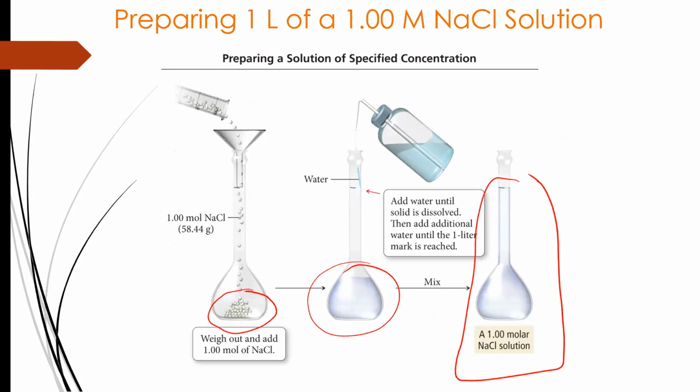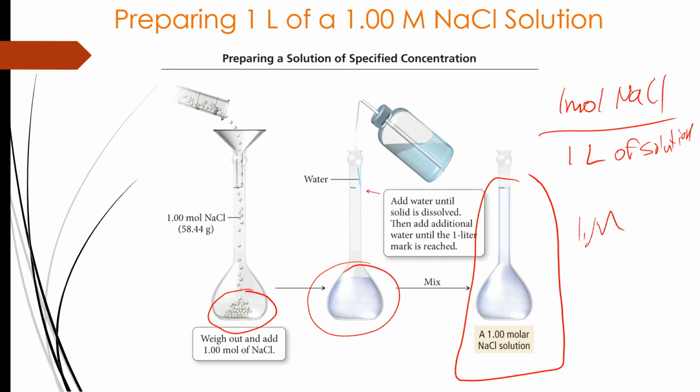So we would have 1 mole of NaCl and 1 liter of solution, and when we divide that, it gives us our 1 molarity. If we know that to be 1.00 moles and the volume to be 1.00 liters, then we get a molarity of 1.00 molarity.